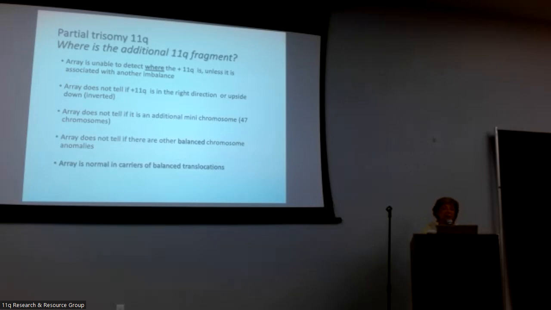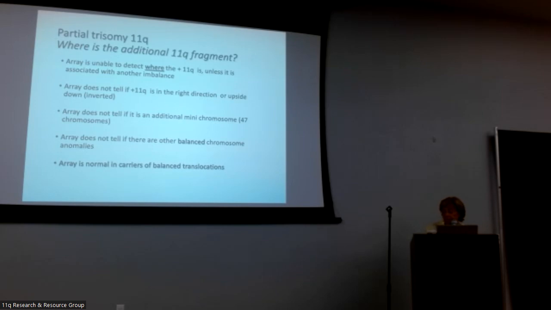It doesn't tell if there is an additional mini chromosome. That's extra material, but it doesn't say whether there are 47 or 46 chromosomes. It doesn't tell if there are balanced translocations within the same karyotype.